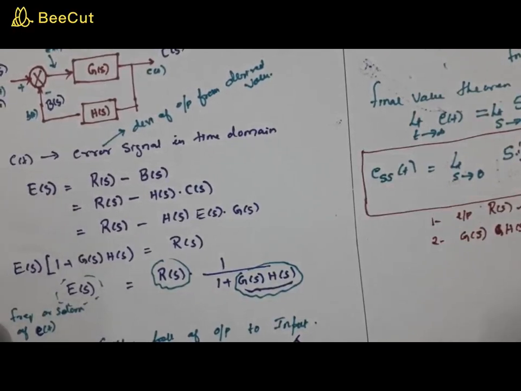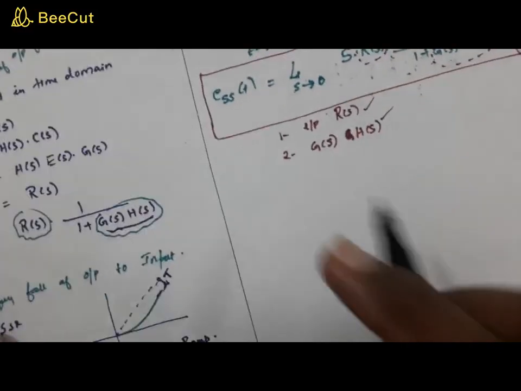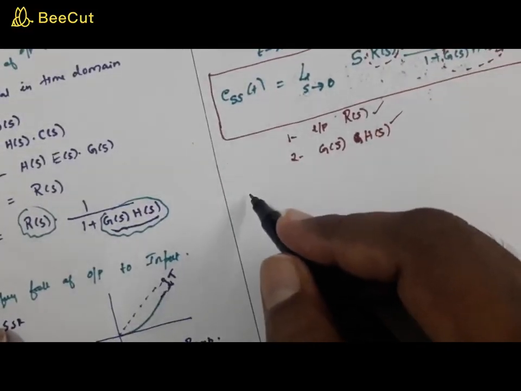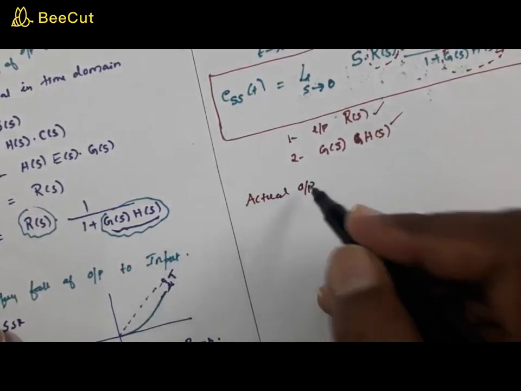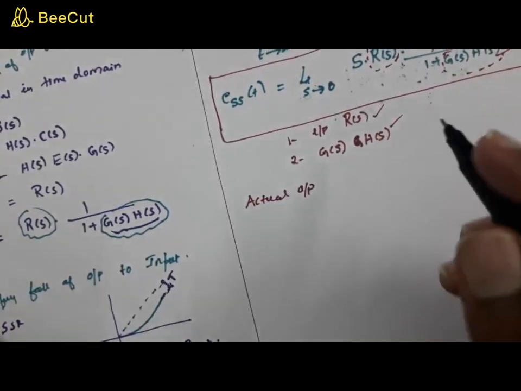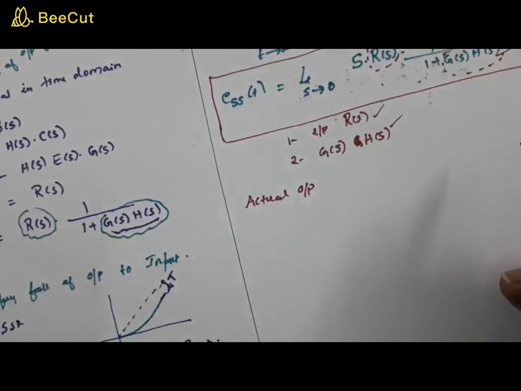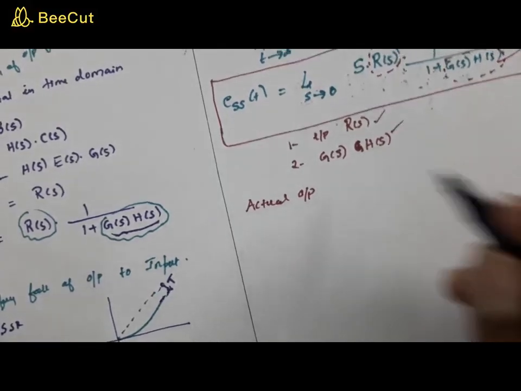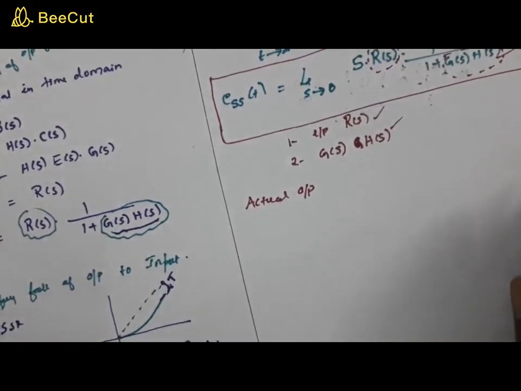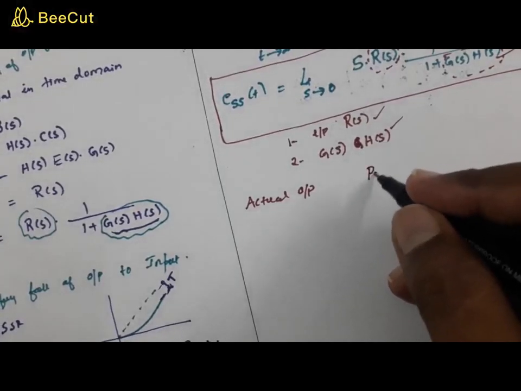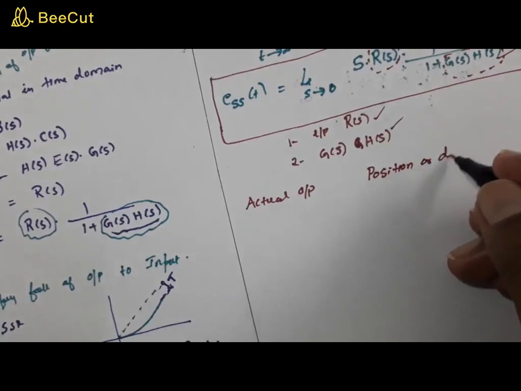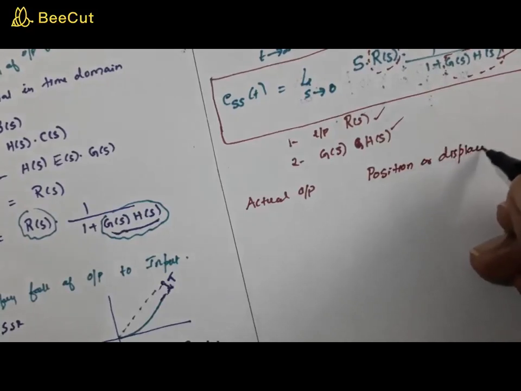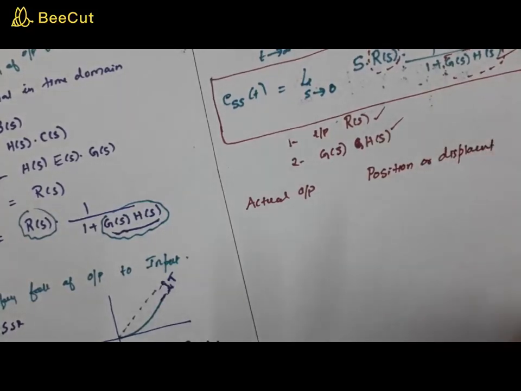Now the actual output of a control system, in practice, may be in some physical form. For example, if you are considering a mechanical system, the output may be a position or displacement, which is just a movement of something.